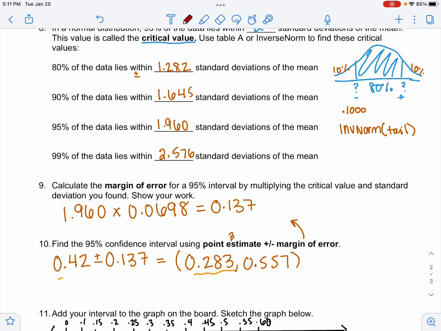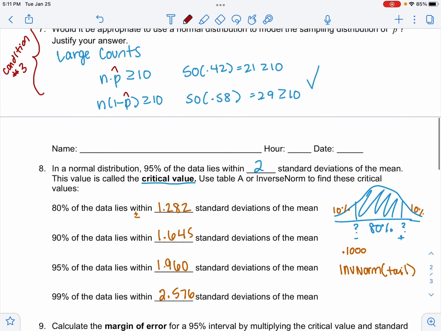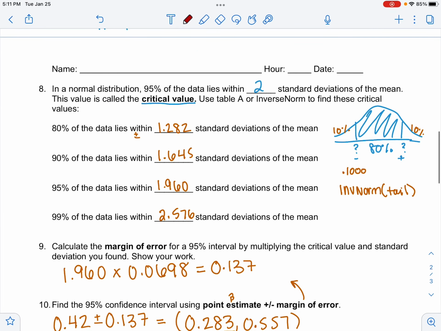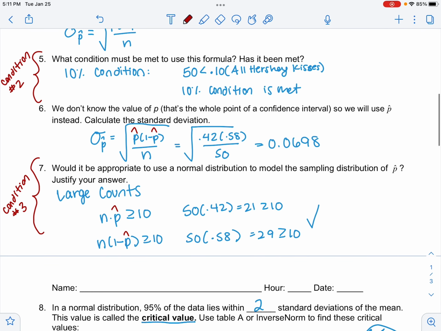So now I'm going to go back over some of these important ideas and add some notes. Now that we've come down here to margin of error, I do want to go back to question 6. When we found the standard deviation of p hat by using p hat, we actually were not finding the standard deviation of p hat anymore.